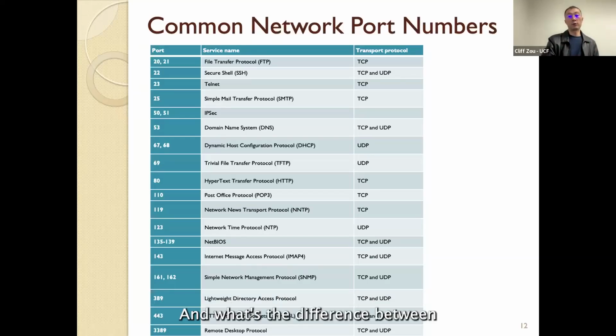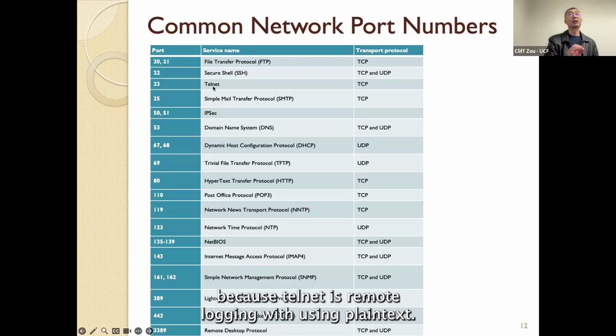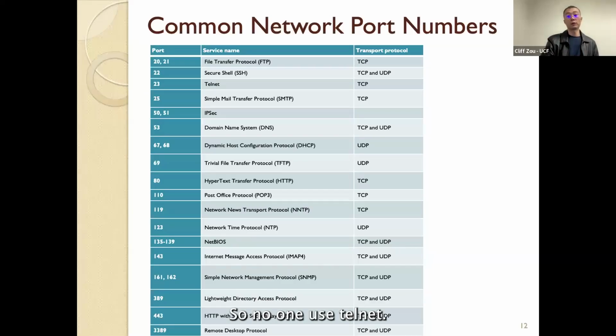And what's the difference between using these two protocols? Telnet is basically replaced by secure shell, because Telnet is remote login using plain text, so no one uses Telnet anymore. Email SMTP, Simple Mail Transfer Protocol, uses port 25.